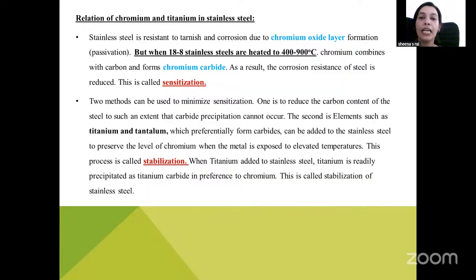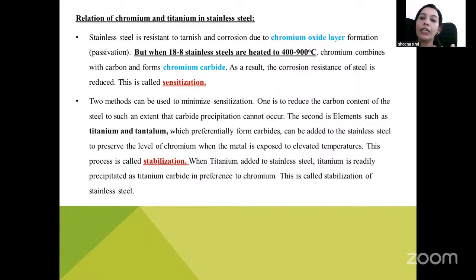So in stainless steel, normally chromium oxide is there, which is the protective layer. But when we heat to 400 to 900 degrees Celsius, chromium combines with carbon to form chromium carbide. That process is called sensitization. We need to minimize sensitization because the corrosion resistance is reduced.